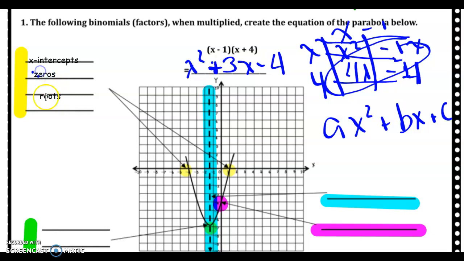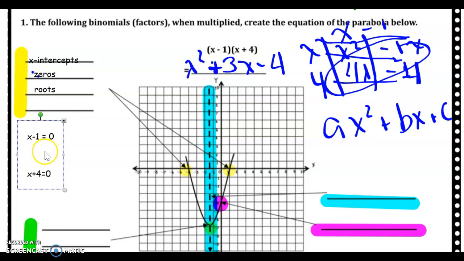because one thing that you're going to notice is, if I look at my factored form, I have x minus 1, and I'm going to set that equal to 0, and I'm going to take x plus 4 and set that equal to 0.